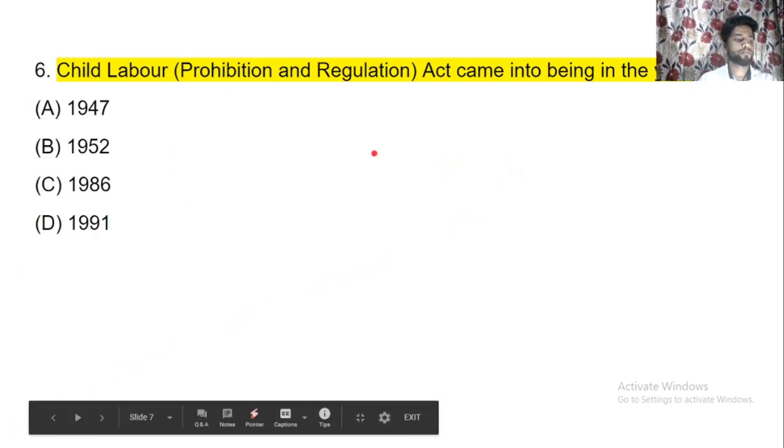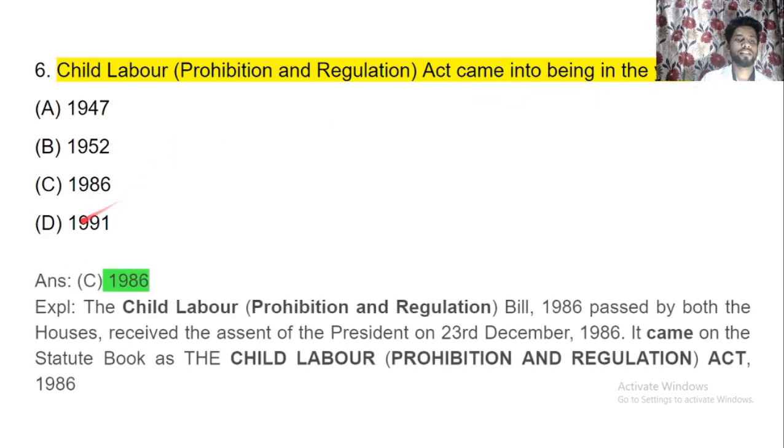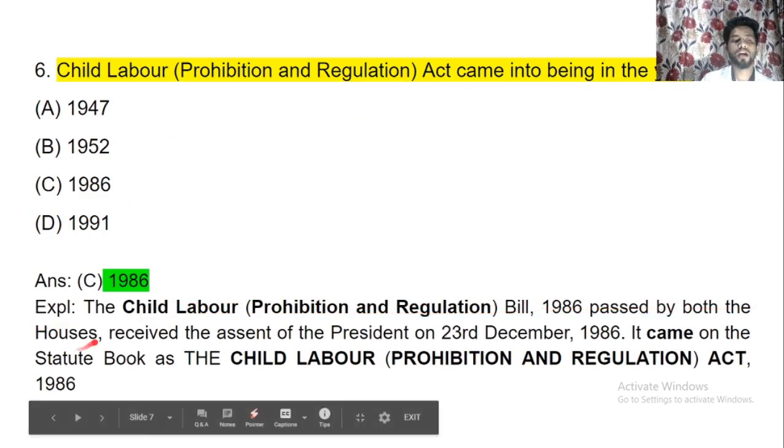The Child Labour Provision and Regulation Act came into being in the year 1986. Remember, the Child Labour Provision and Regulation Bill 1986 was passed by both the houses and received the assent of the President on 23rd December 1986.